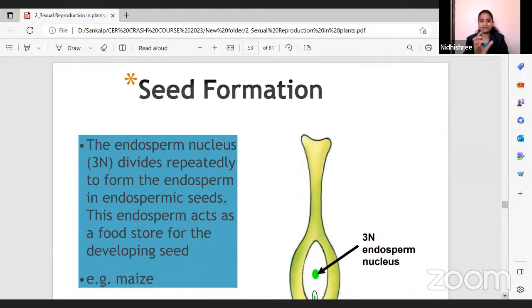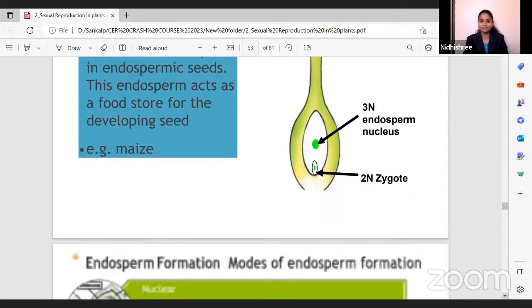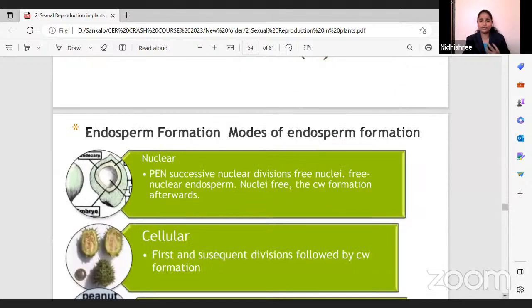Then again we have seed formation. The endosperm nucleus, which is triploid, will divide repeatedly to form endosperm. This endosperm acts as a food store for the developing seed. The ovule develops into seed.